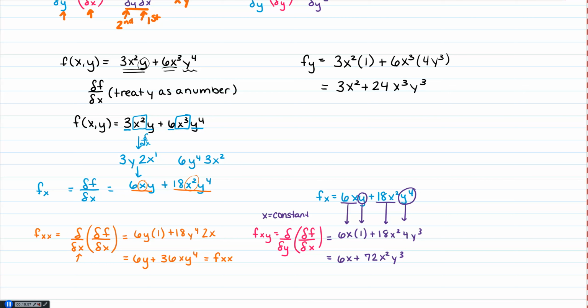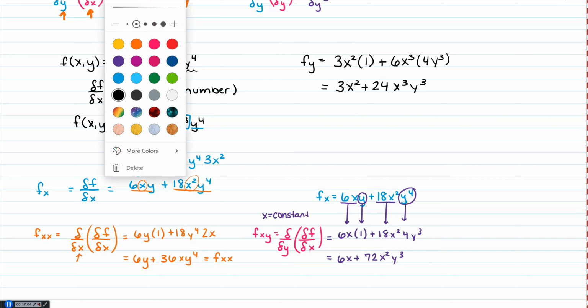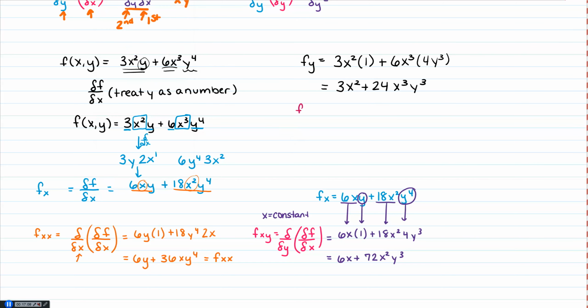cubed. And we could do a second partial derivative with respect to y. So we'll do that just kind of quickly here. So if I wanted f sub yy, I would take f sub y and I would do the partial with respect to y again. Now in this first term, 3x squared, there's no y attached to it. So that's like taking the derivative of 6, or of 100.